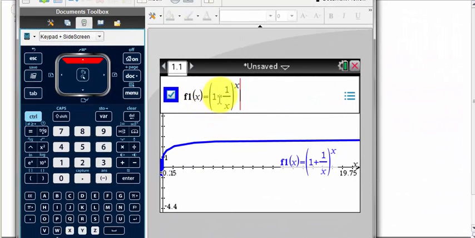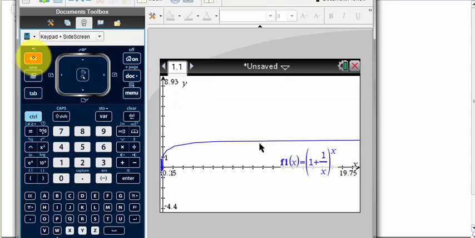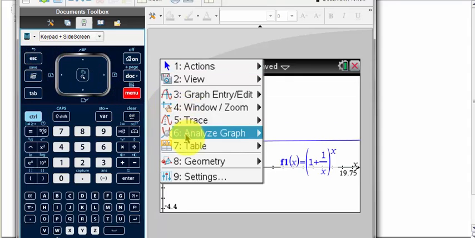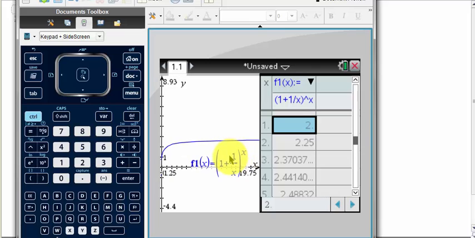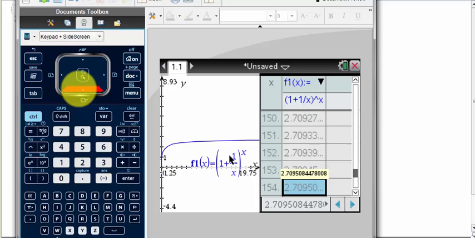And so what I did is I graphed 1 plus 1 over x raised to the x. And what we can see is that it seems to be leveling out as we go. And if we look at a table of values, as we roll down here, here we go.